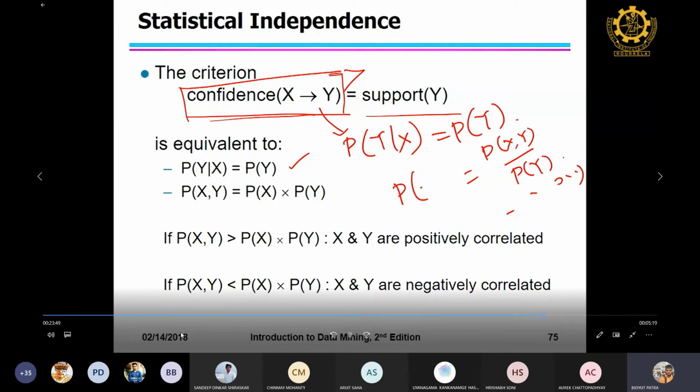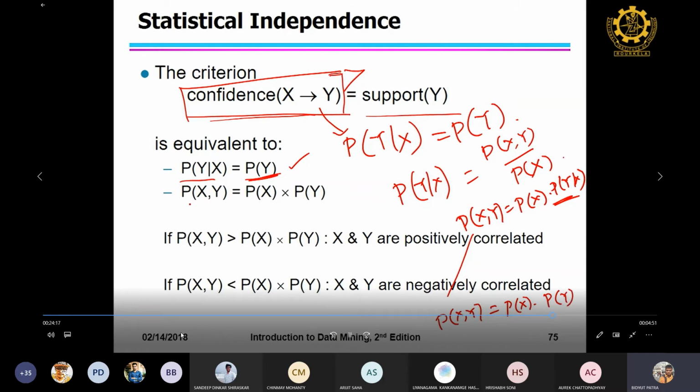Bayes rule says the probability of XY equals the probability of X into the probability of Y given X. And the probability of Y given X is P(Y). So then the probability of XY equals the probability of X into the probability of Y. So that is what we did here.